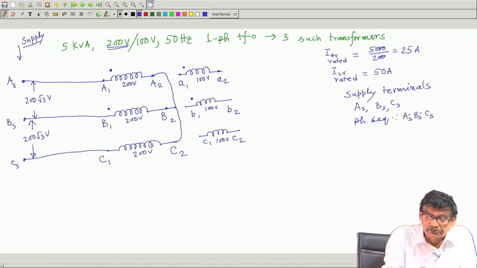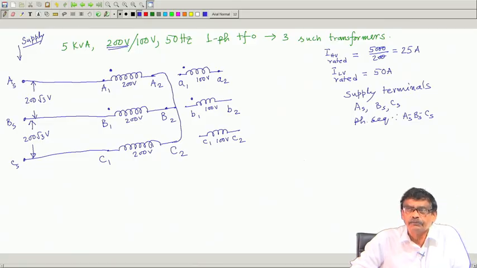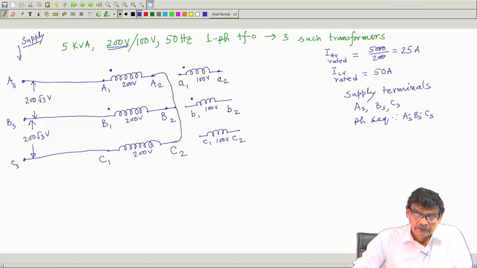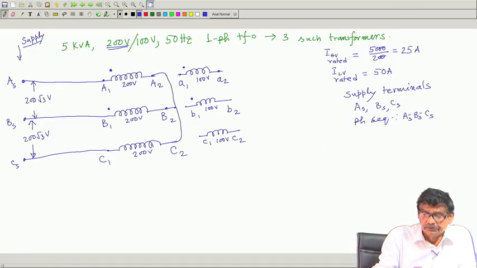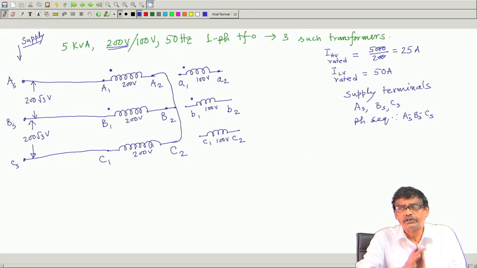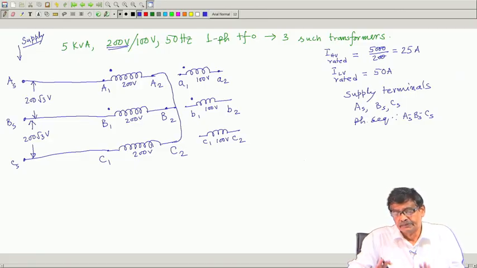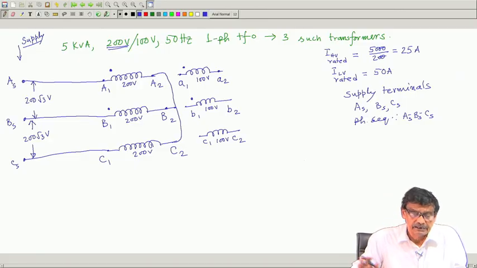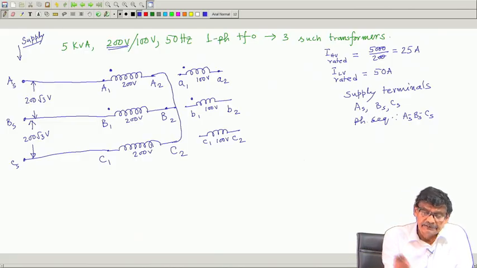Because transformer rating was 200/100 volt, therefore, I can apply a voltage of 200 into root 3. So, that rated voltage will then be applied across these primary coils. Secondary coil I have not done anything, they are separate now. Therefore, this is the thing.